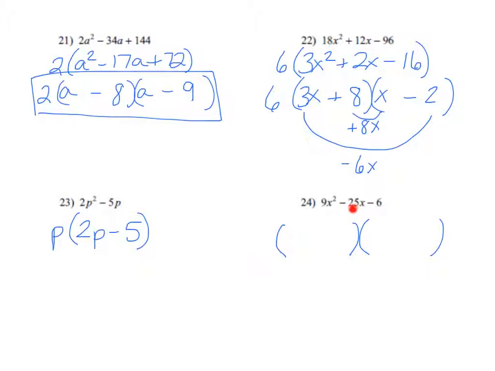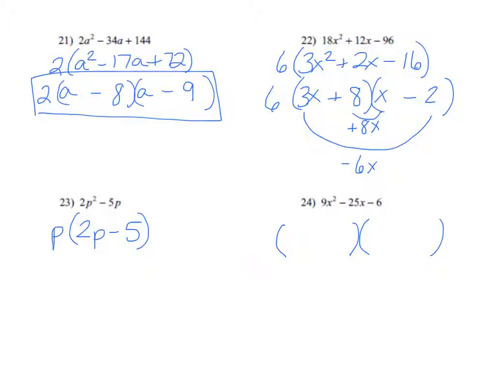Okay, that means that there's going to have to be a big difference between these two numbers for them to add up to negative 25. So I'm going to have like a huge negative number and a little positive number. Okay, so when that's the case, that leads me towards using my more extreme factors like my 9 and 1 instead of my 3 and 3. That way I can make a bigger difference faster.